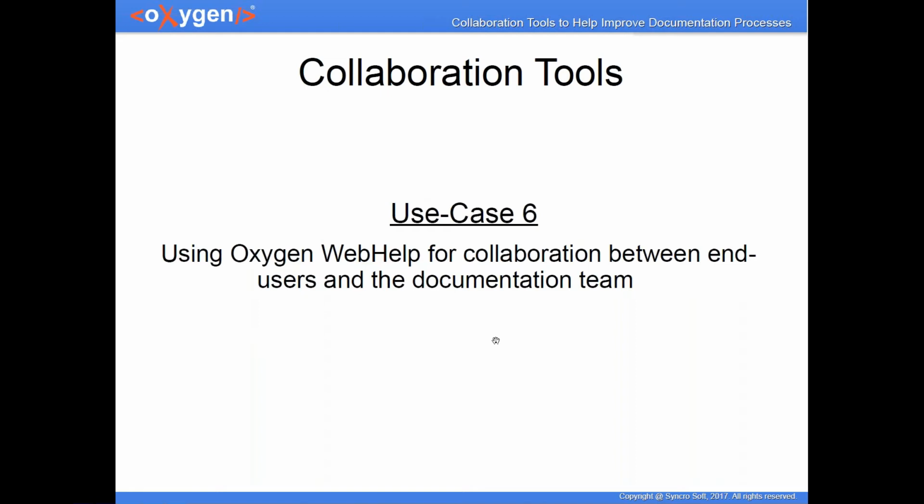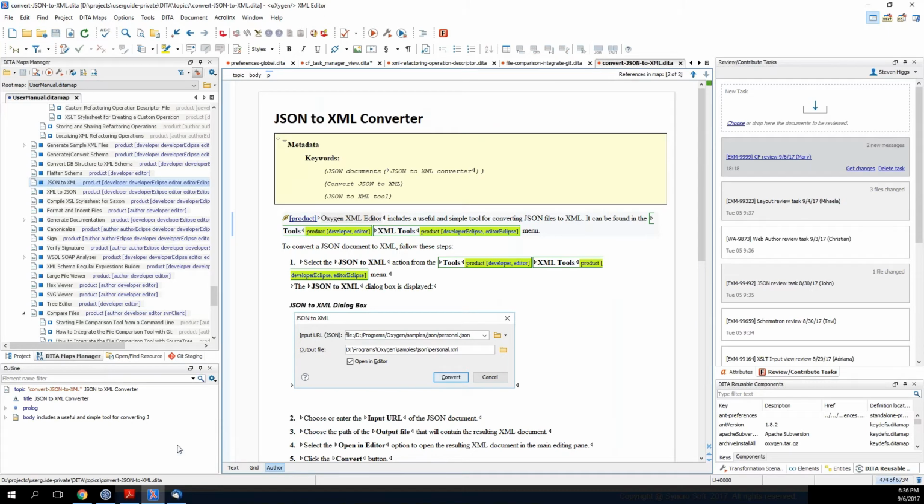Now we also use the Oxygen Web Help system with feedback enabled for collaboration with end users, and we often use this to improve our documentation. And I'll show you a specific example.